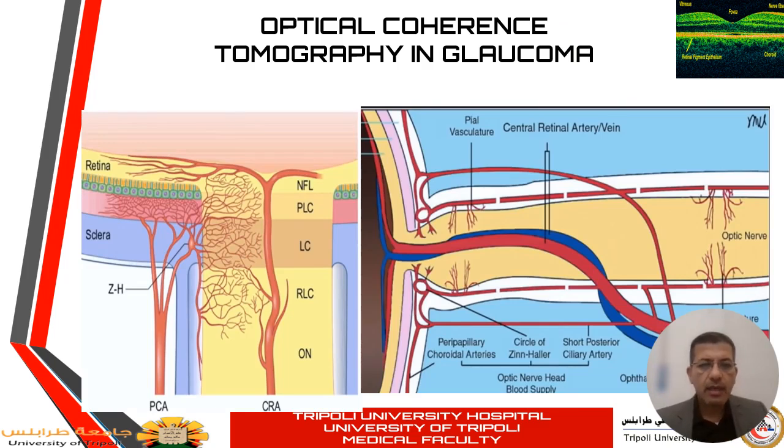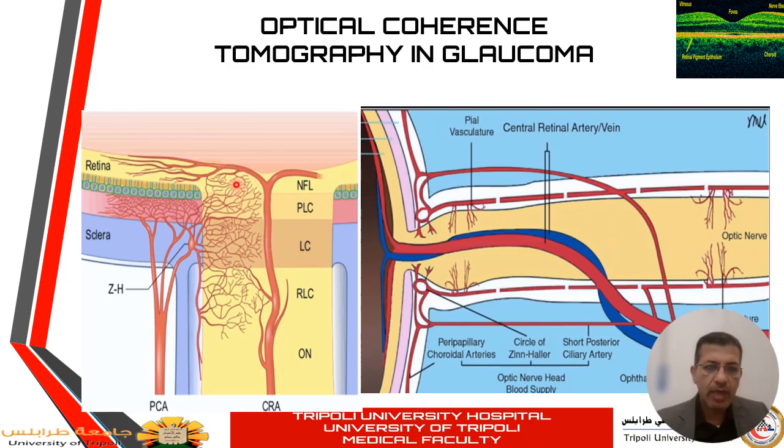As far as the blood supply of the optic nerve, you know that the optic nerve has a dual blood supply. It has a blood supply from the central retinal artery, which is a branch of the ophthalmic artery, and a blood supply from the posterior ciliary artery, which is also a branch of the ophthalmic artery. Now, in this slide, you can see clearly this is the ophthalmic artery.